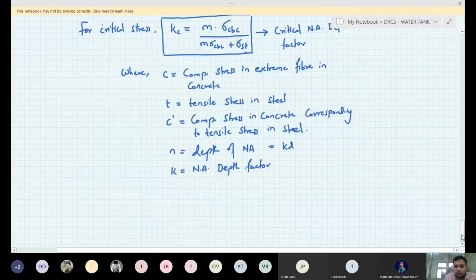So AST is the area of tensile reinforcement.